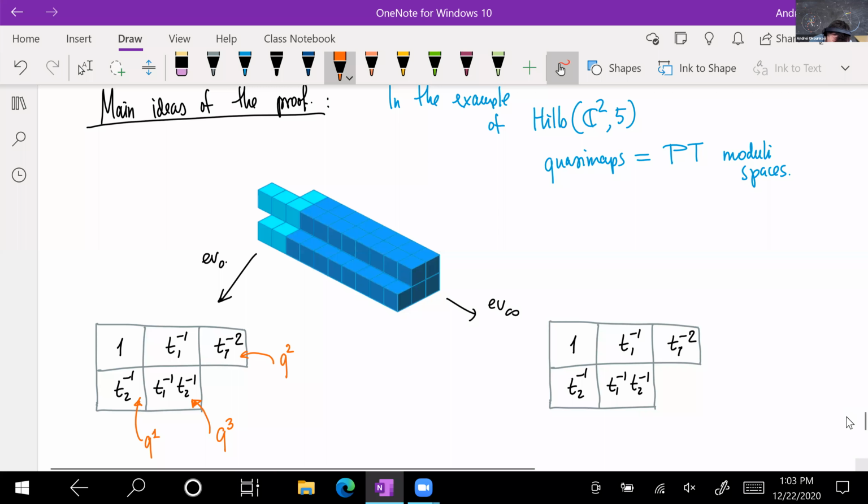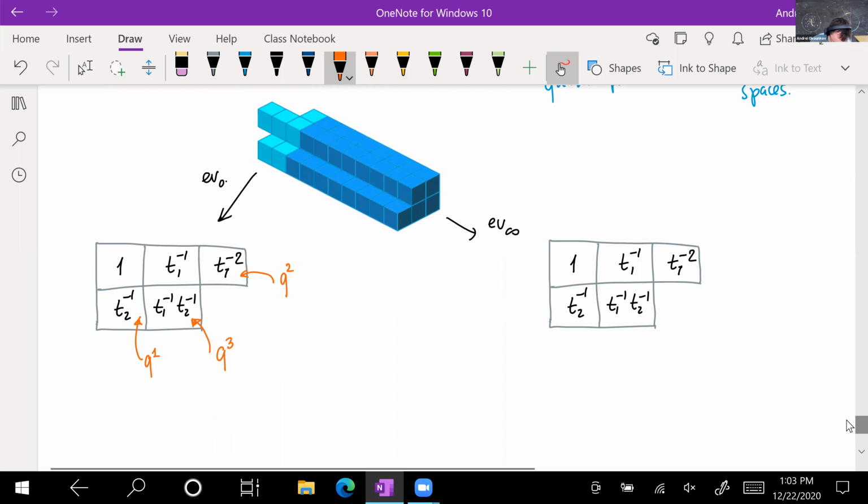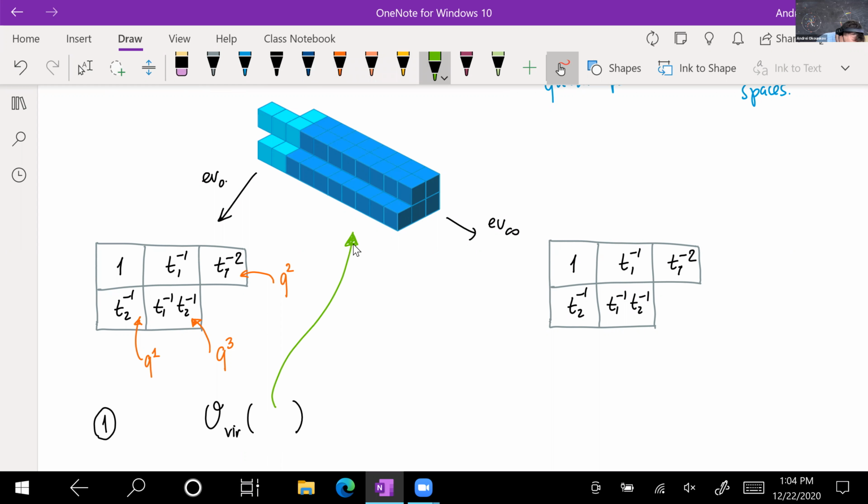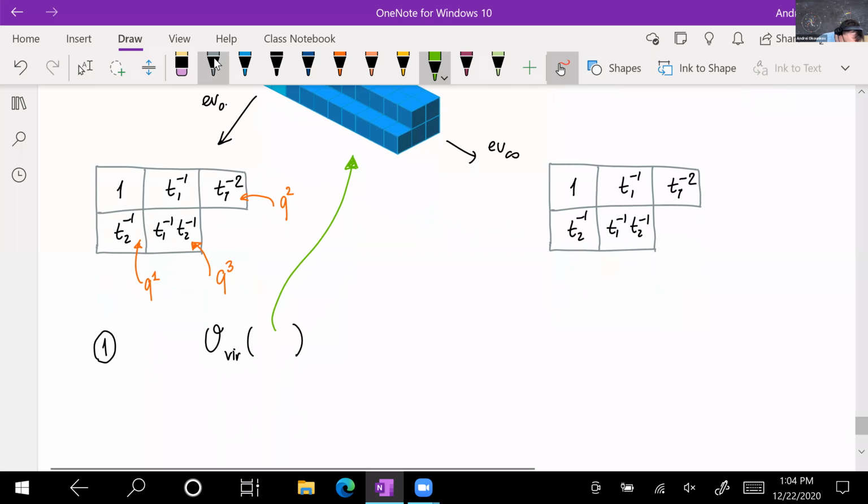And then the first observation, so kind of the first main point, is that the weight, if I take O virtual, the value of O virtual on this, and this O virtual here is not symmetrized.